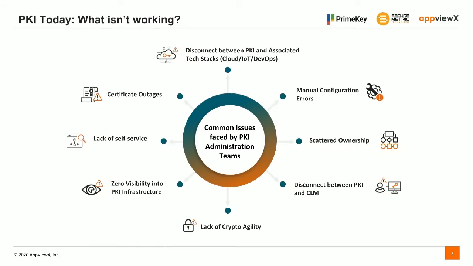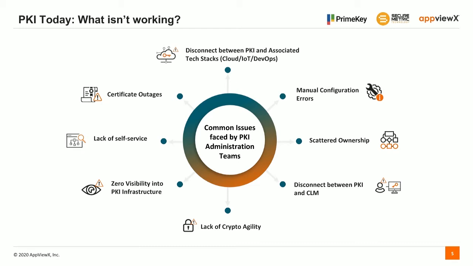Right. Now, let's look at what isn't working with the PKI today. There is a huge disconnect, because there are such huge deployments, right? Because of these new age deployments like cloud, IoT, and DevOps, which weren't there when we started off this whole technology, when the current PKI was implemented.